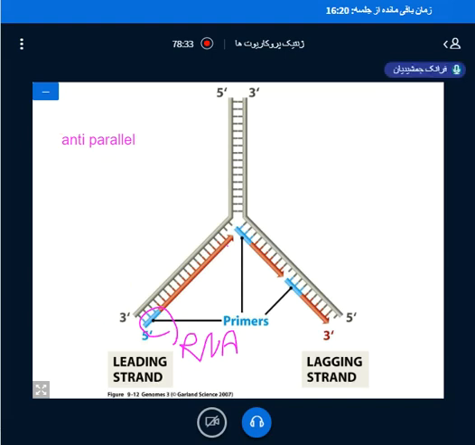It means if here is 3 prime, we have 5 prime here. And if we have 5 prime here, we have 3 prime here. Yes? I told you the direction is from 5 prime to 3 prime. So, at first we have primers and then replication continues.